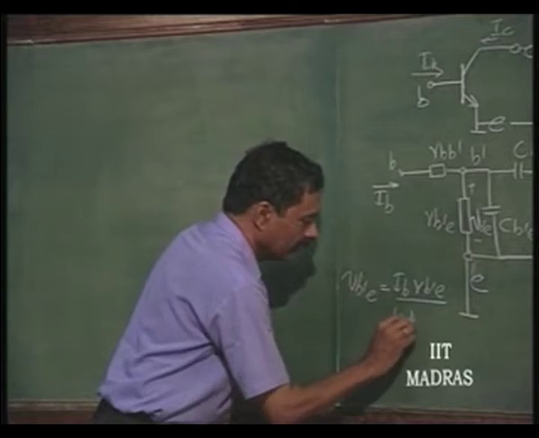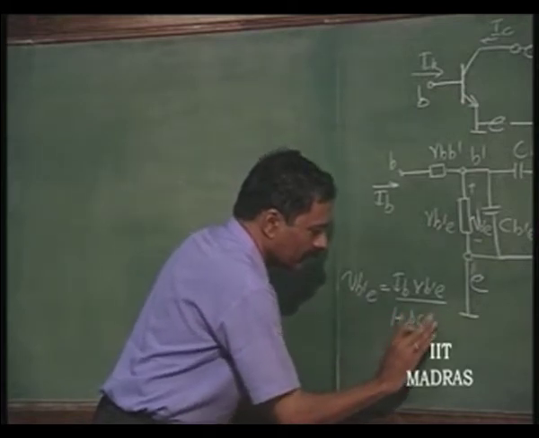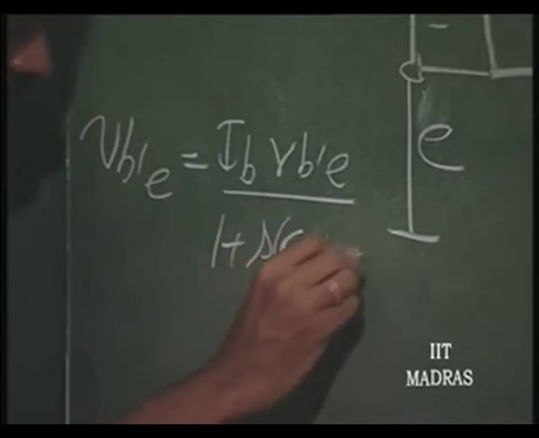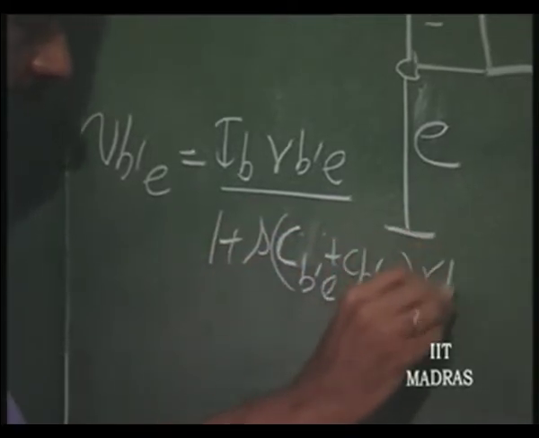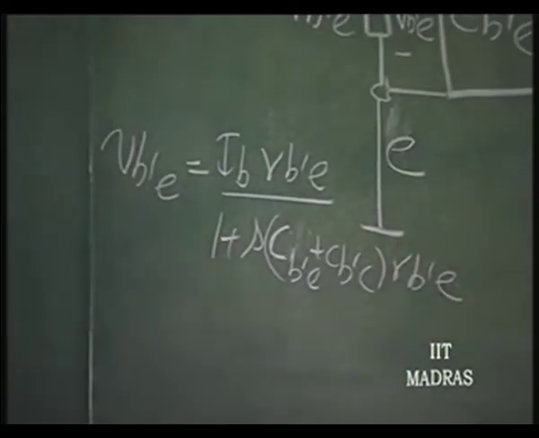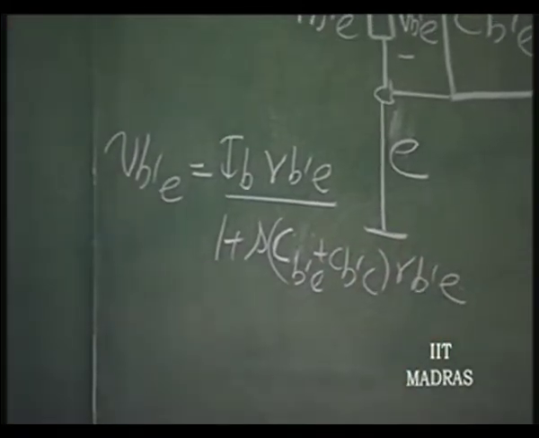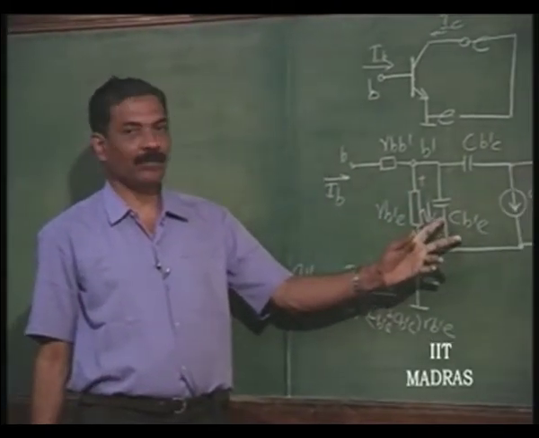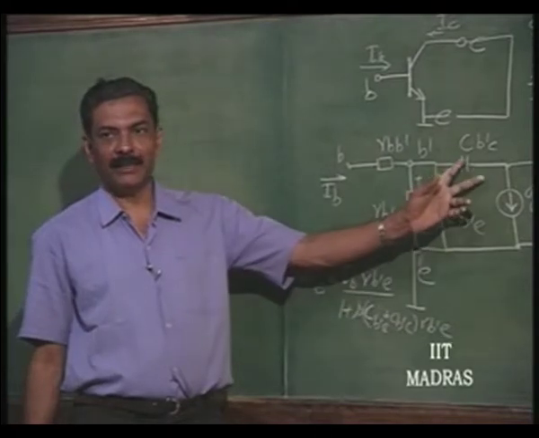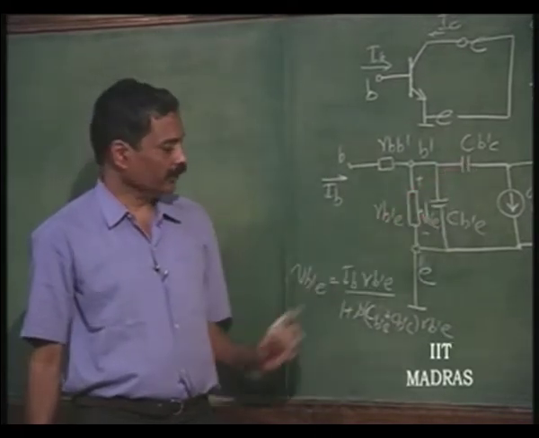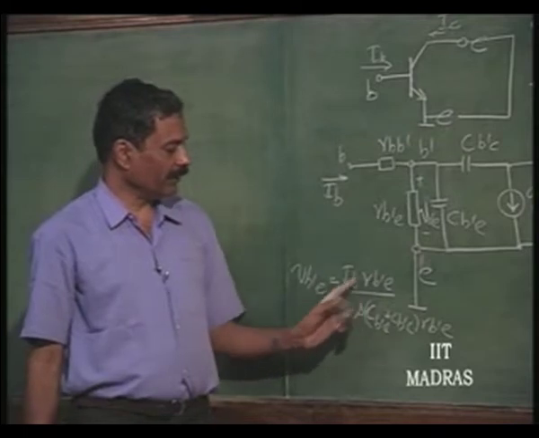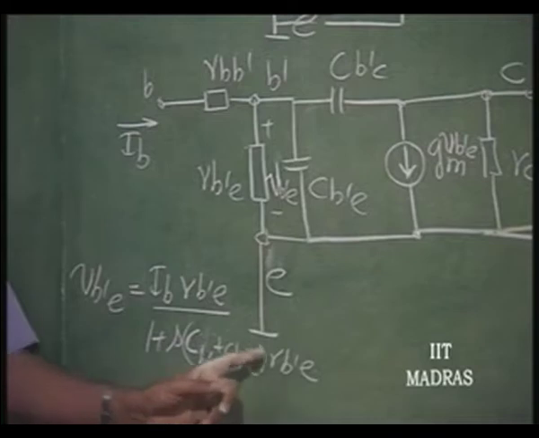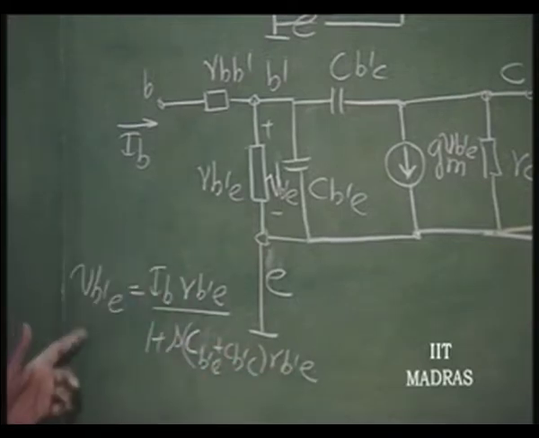so IB into rb'e divided by 1 plus s into Cb'e plus Cb'c into rb'e. So, this is Vb'e. This resistance comes in parallel with the combination Cb'e plus Cb'c. So, that is IB into rb'e divided by 1 plus s Cb'e plus Cb'c into rb'e. This is what Vb'e is.